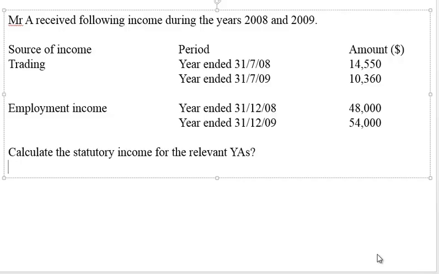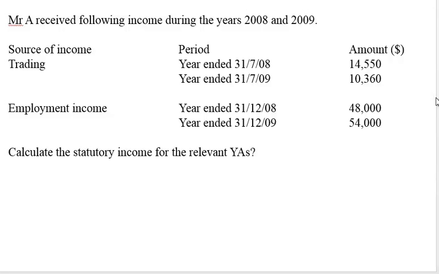So it's just the addition of both. Can you calculate the total statutory income for both years?